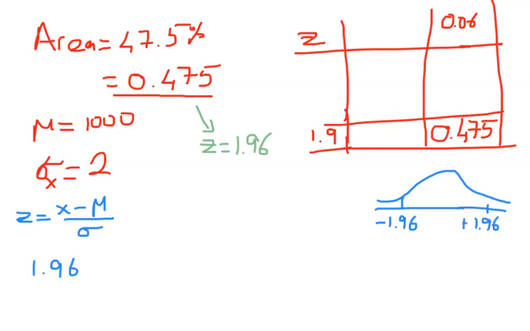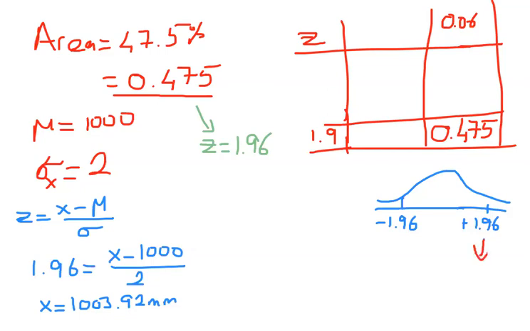It's going to be 1.96 equals X minus 1000 divided by 2. When I do cross multiplication, I get X equal to 1003.92 millimeters.